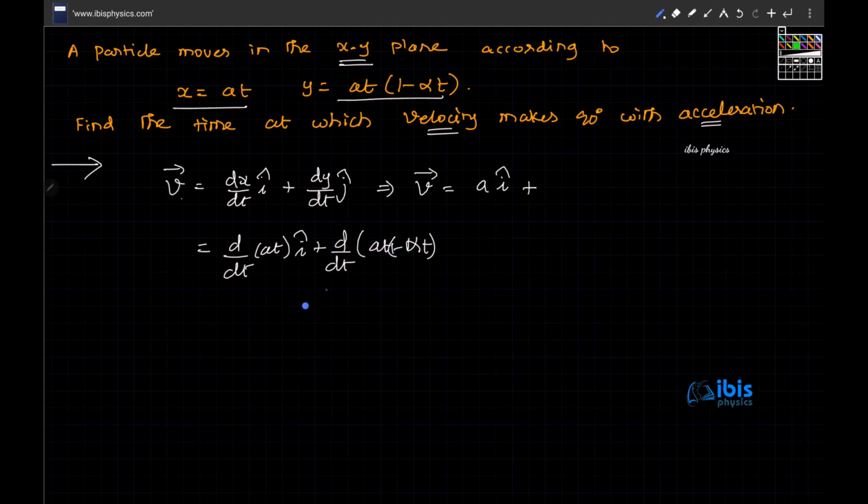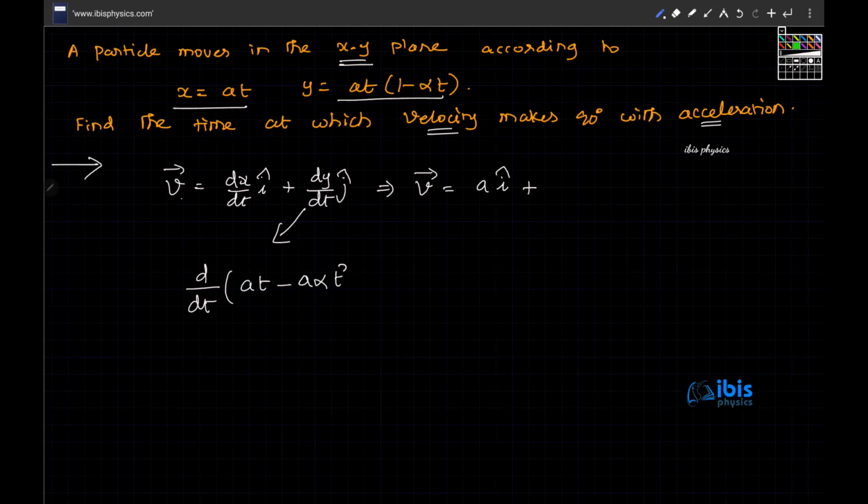Let me do the differentiation here. The dy by dt part alone I am doing. d by dt of y is at into 1 minus alpha t, which can be written by multiplying at inside as at minus a alpha t square.